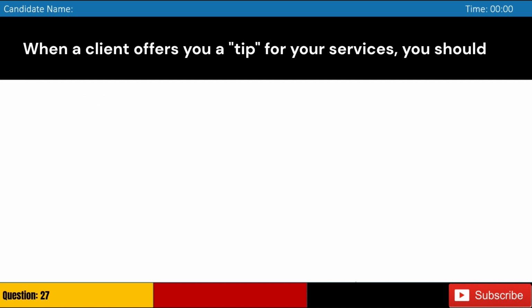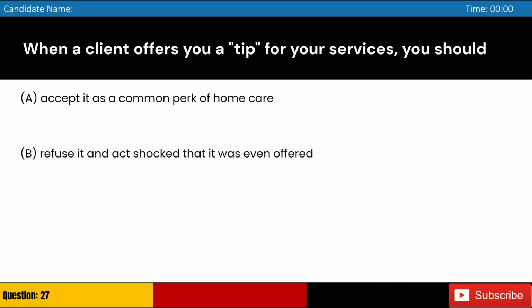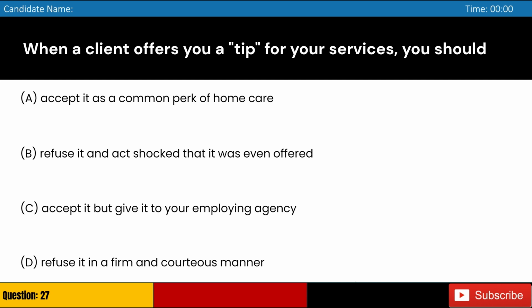When a client offers you a tip for your services, you should A. Accept it as a common perk of home care. B. Refuse it and act shocked that it was even offered. C. Accept it but give it to your employing agency. D. Refuse it in a firm and courteous manner. Answer D. Refuse it in a firm and courteous manner.